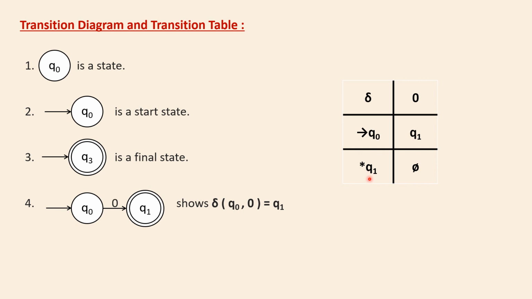We can have n number of final states. The first row represents the input symbols. Here the input symbol is 0. So here we represent the input symbol 0, and then we represent the transitions happening. So Q0 on input 0 is in the state Q1. Q1 on input 0 has no transitions to go.